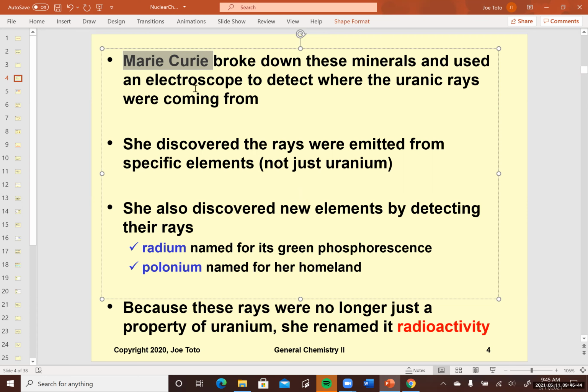But anyway, Marie Curie discovered radium and polonium, these two other radioactive elements that she named, and she coined the phrase radioactivity. So that replaced uranic rays, because other atoms have been known to have radioactivity.